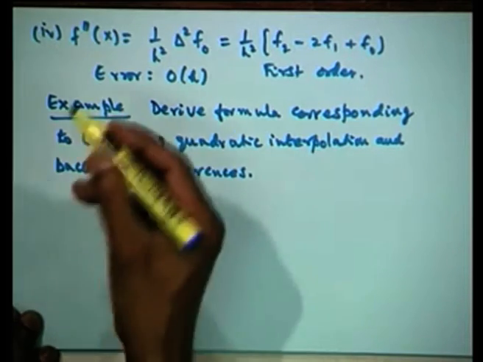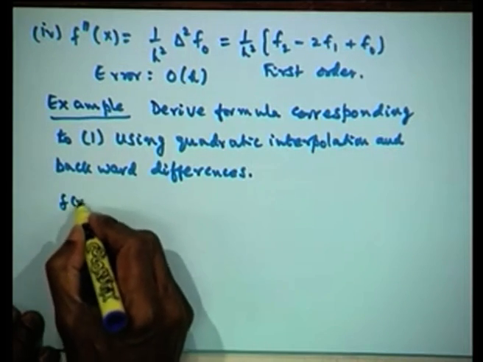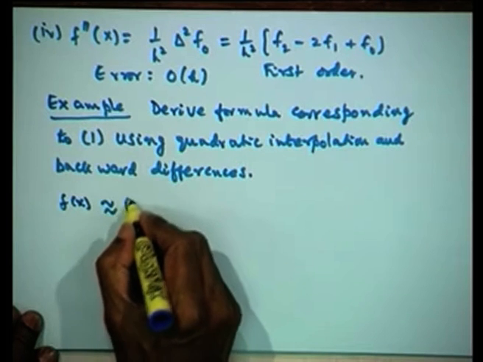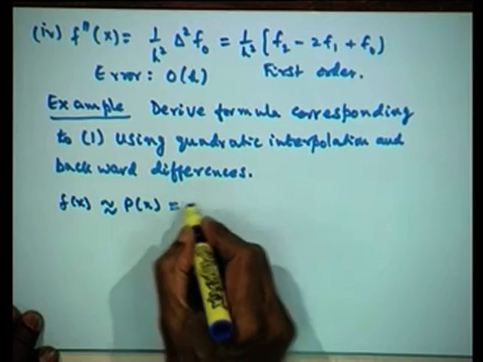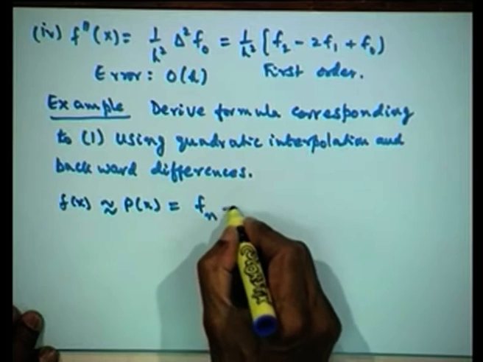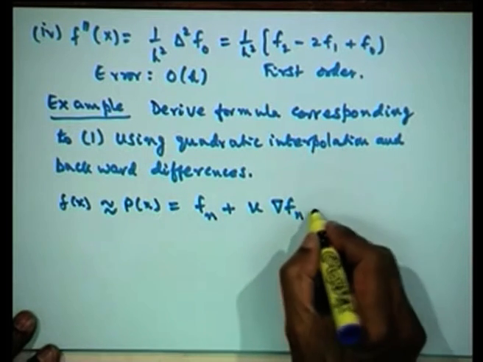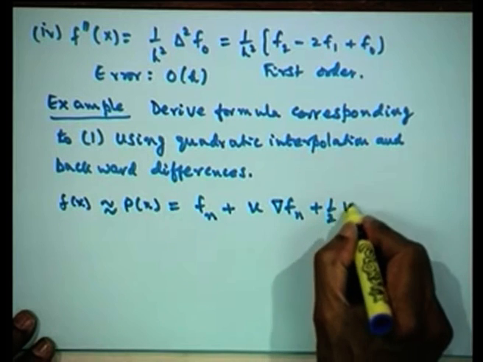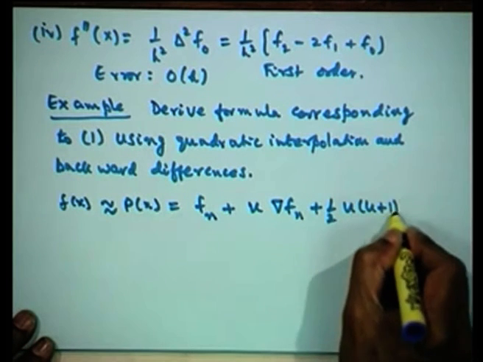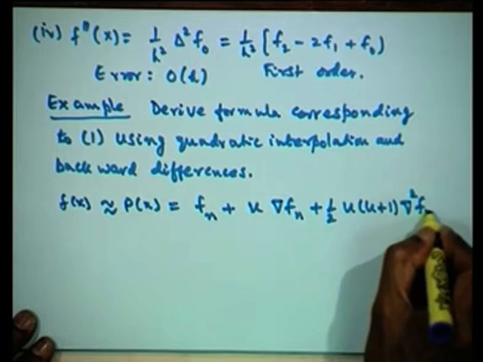Therefore, the starting point for this is again that we just write down the polynomial in terms of the backward differences. So, it will be f n plus u delta f n plus half u into u plus 1 delta squared f n.